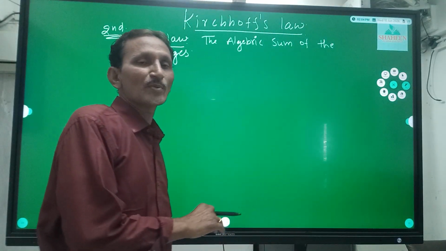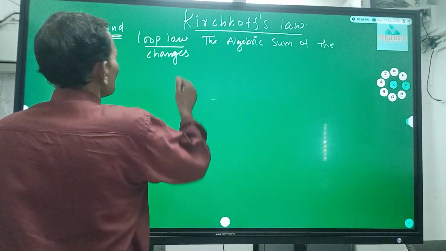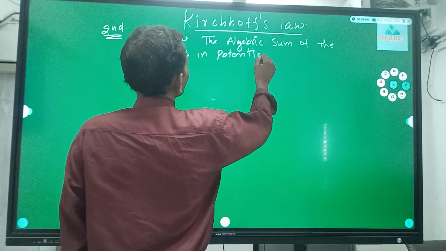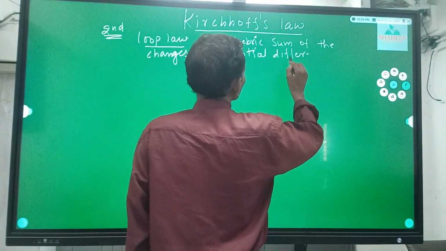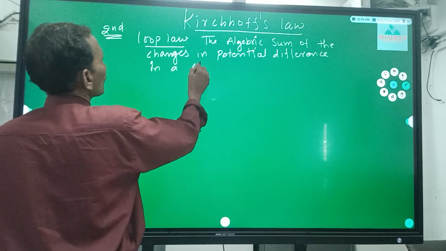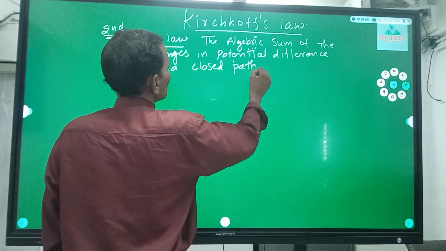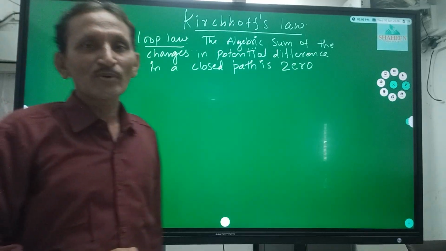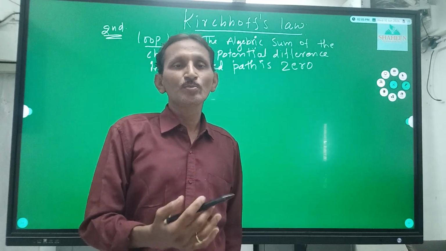The algebraic sum of the changes in the potential difference in a closed loop or closed path should be 0.